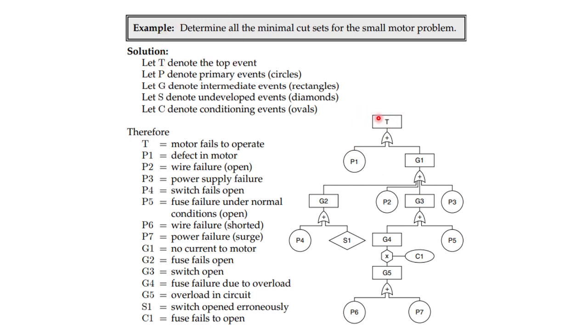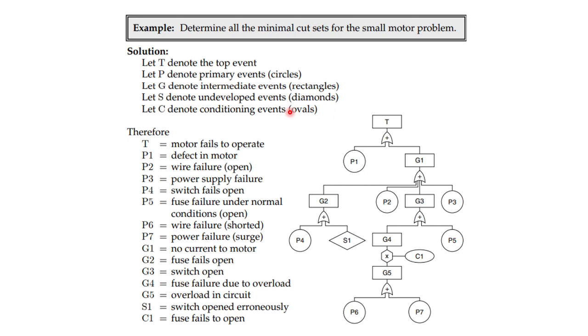Then the solution: let T denote the top event. So we have substituted the words here, the motor fails to operate, with the letter T for our convenience when we write the formula. P for the primary events, G for the rectangles, which are intermediate events, S for the undeveloped or the diamond, and C to denote the conditioning events such as the ovals.